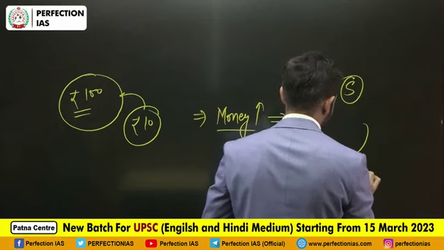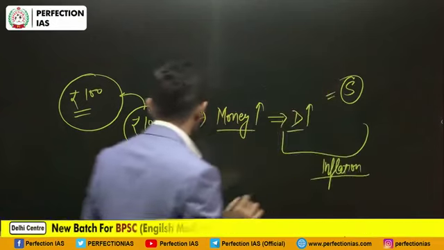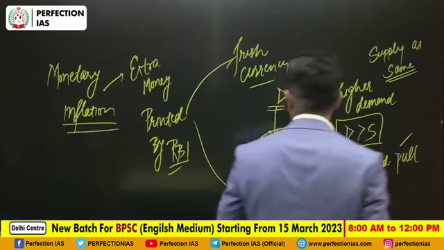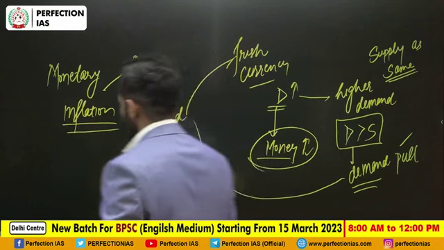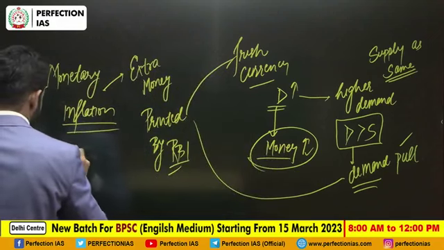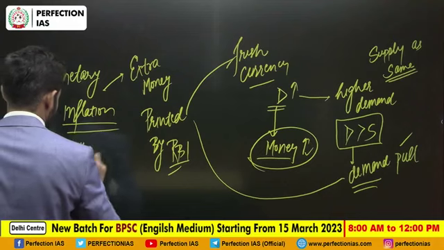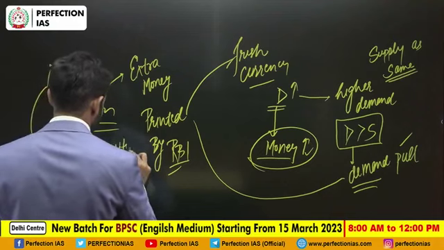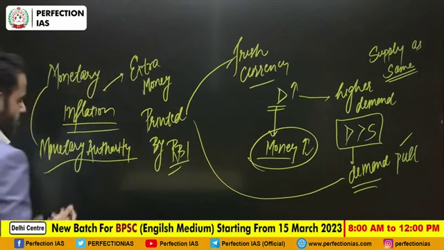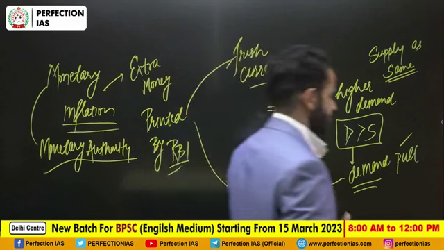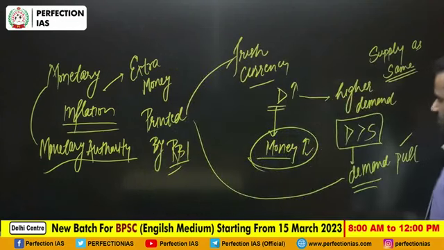So in simplest term, monetary inflation means the monetary authority of our country, that is RBI, printed new currency which increased the money supply in the economy and subsequently the demand in the economy increased.